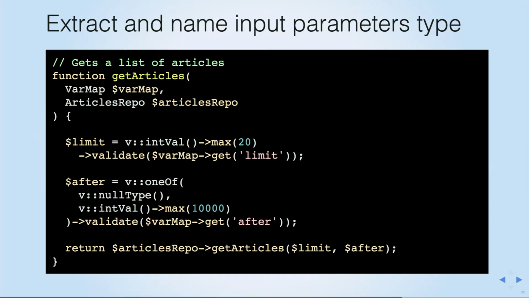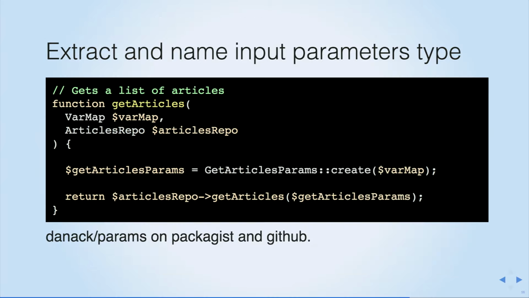There is a type in this code, but it's really hard to see. I strongly recommend promoting input parameters to be a type that's got a name and is visible across the whole of your application. I just so happen to have a library that does it on GitHub called params, which allows you to do things like this.